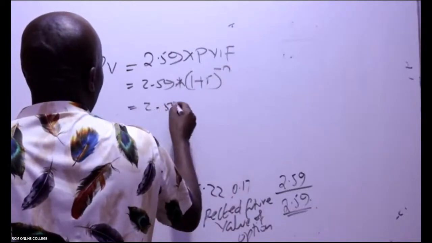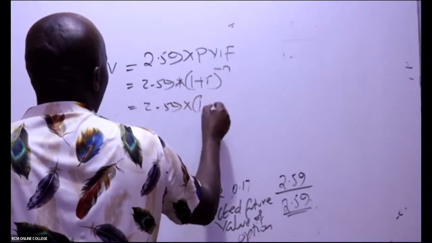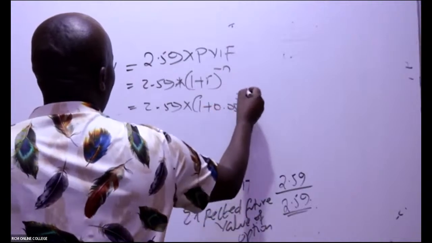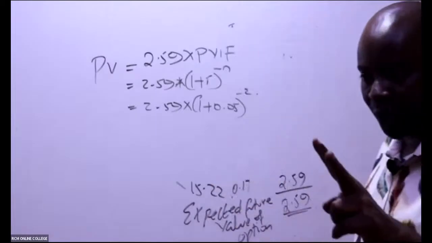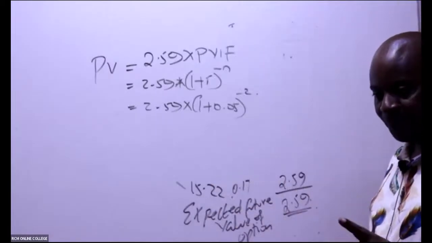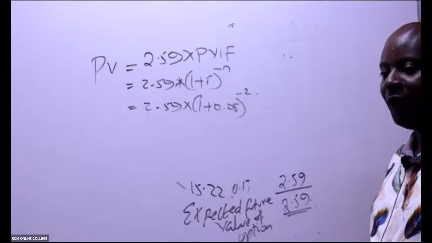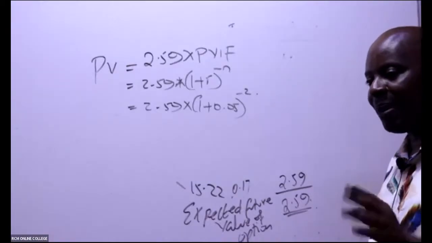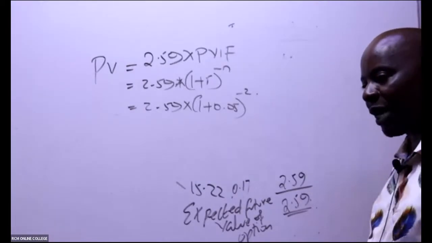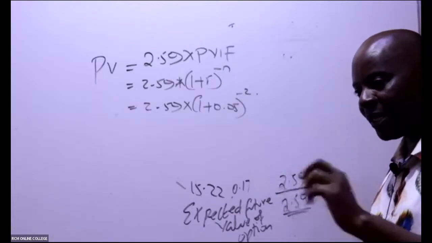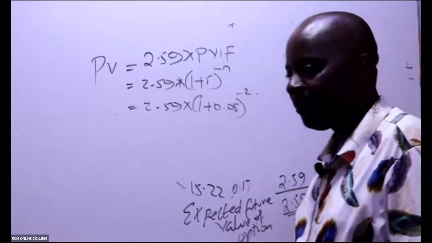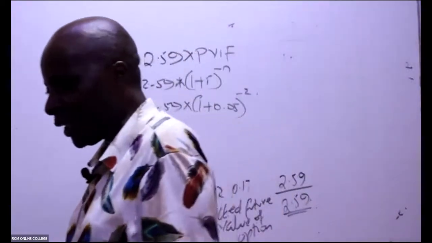This is 2.59 times 1 plus 0.05 raised to negative 2, because it is a 2 period tree. He has never brought a 3 period tree. If he brought a 3 period binary tree, I'm sure people will cry. But at least my students now have some way of doing this.